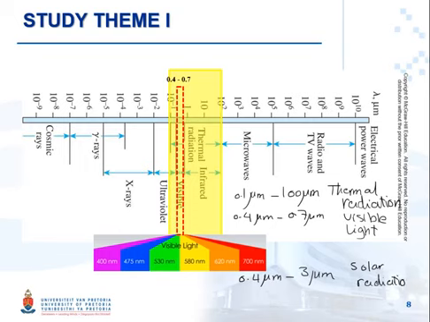Please do not mix these two concepts. Solar radiation between 0.4 and 3 micrometer, thermal radiation between 0.1 and 100. Okay, so our focus in this chapter will be on this wavelength boundary, which is the thermal radiation. Okay.